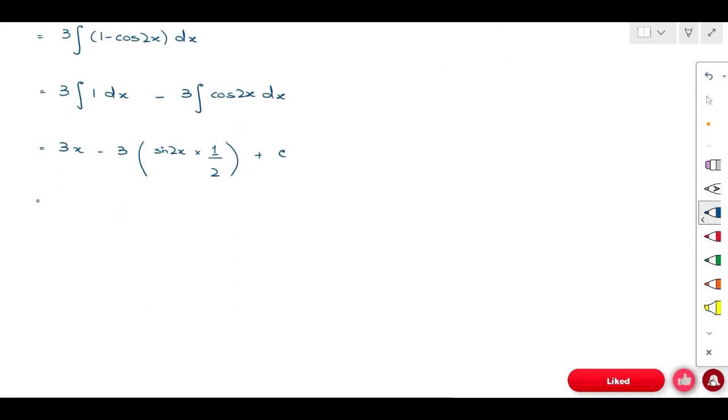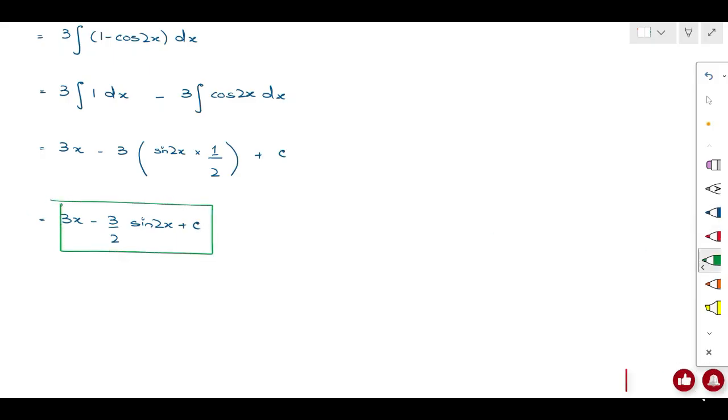So the simplified answer is 3x minus 3 by 2 sin 2x plus the constant of integration. So this is the answer for that integral.